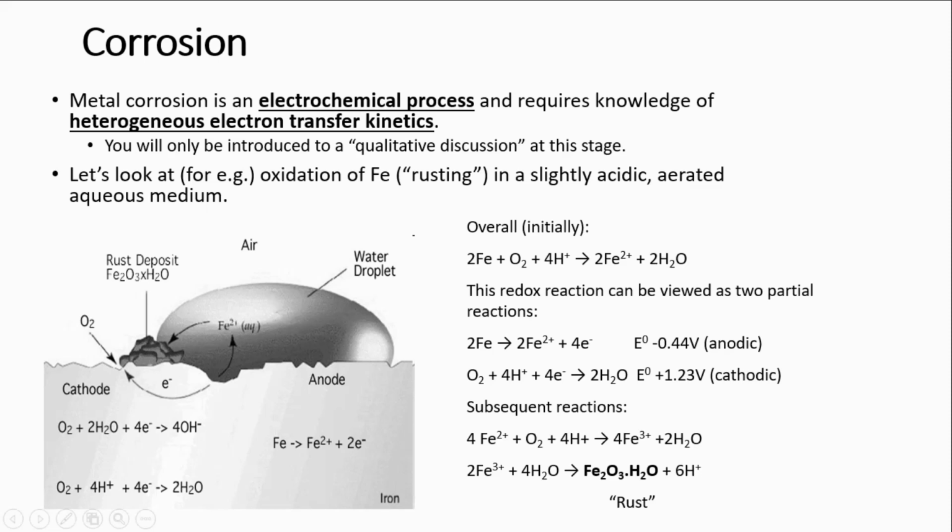Now iron 3 plus will then react with more water to produce iron 3 oxide, which is hydrated, and also 6 moles of protons. This hydrated iron 3 oxide is what we refer to as rust. So that is how it is produced.